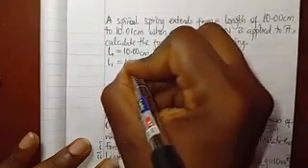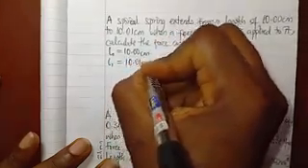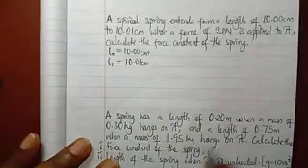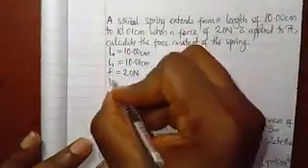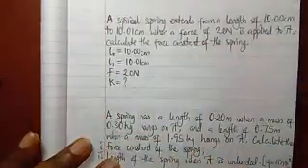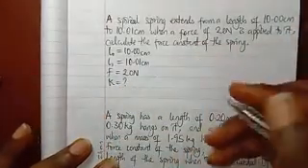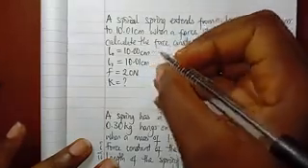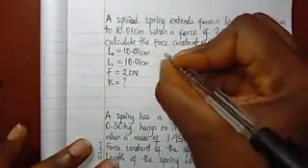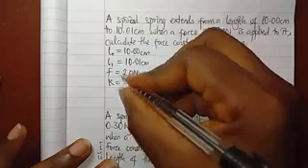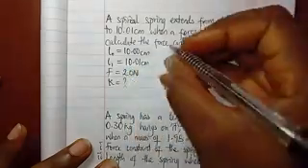This new length, let me call it L1, the new length 10.01 cm. And then the applied force 20 Newton. And we've been asked to calculate the force constant K. Okay, so for us now, it's important that we find the extension, because K is equal to F over e, force over extension.